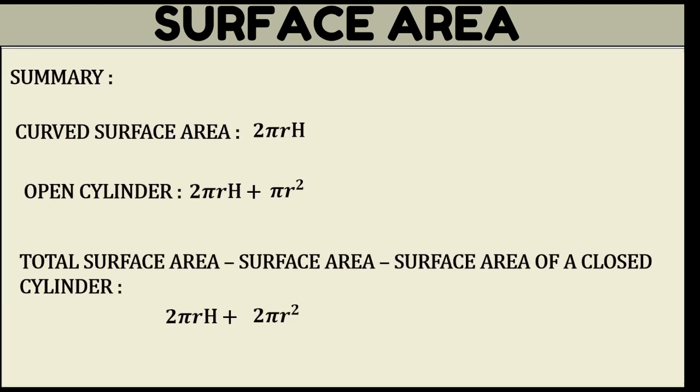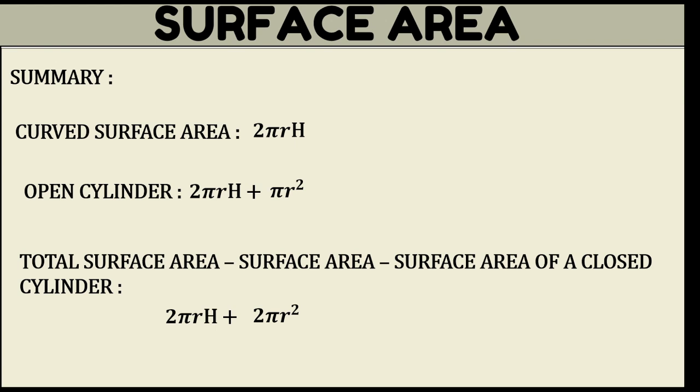In summary, we have the curved surface area of a cylinder to be 2 pi rh, while the surface area of an open cylinder, such as a cup, is 2 pi rh plus pi r square.